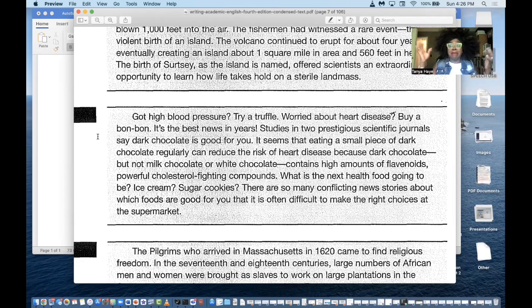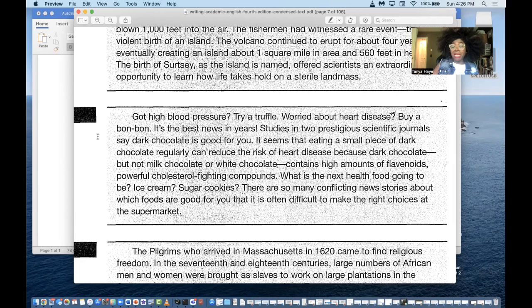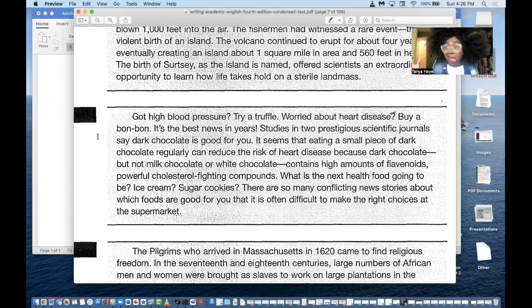Now this is considered surprising because what they're trying to say is that if you have high blood pressure, dark chocolate is going to be good for you. We don't associate chocolate with helping us to get rid of high blood pressure. So this is a start, which is what we call the surprising facts.